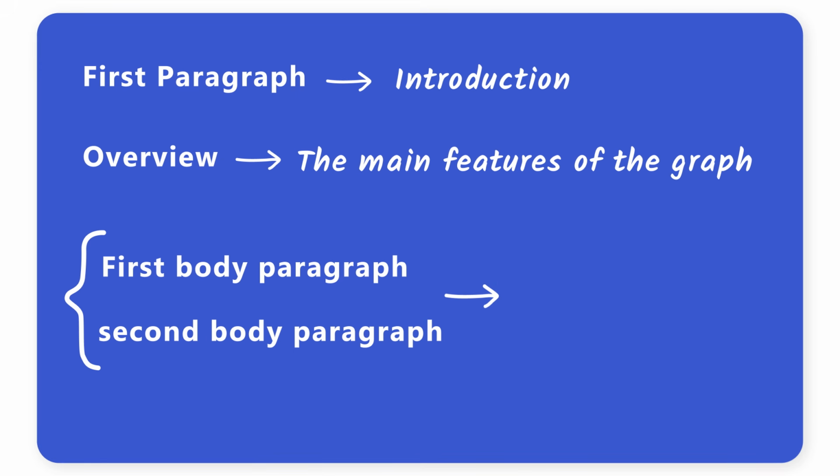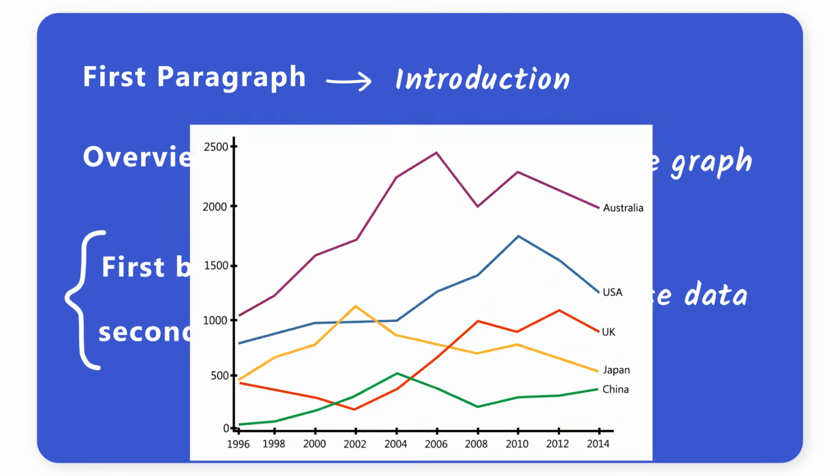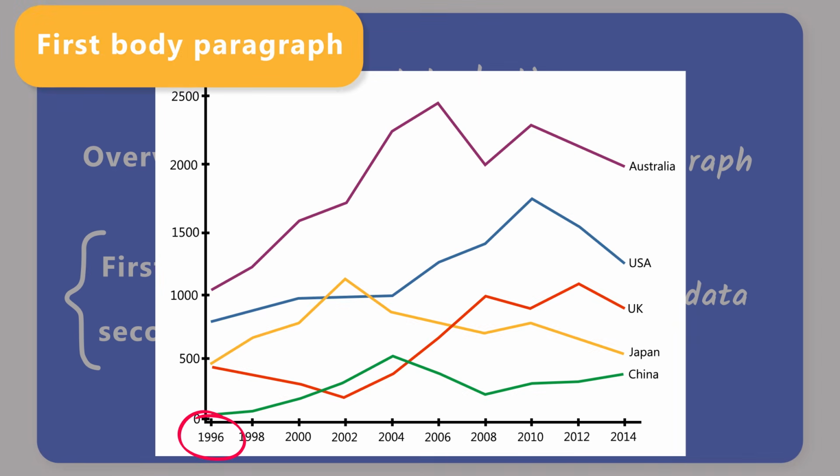In the body paragraphs, this is very important, you have to be able to categorize data. So in the first paragraph, I'm going to write about the beginning. We talked about it before, that the beginning in a line graph is very important. You should always write about the beginning, so in 1996.